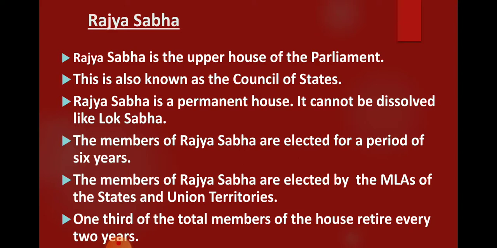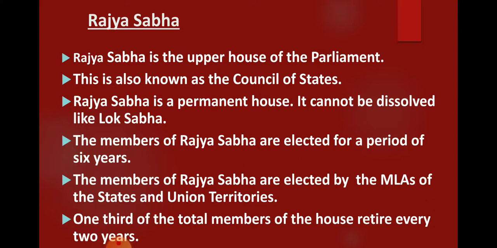Suppose 1/3 of the members are getting retired in the year 2020, the same number of members will be elected in 2020 and they can remain in office till 2026.